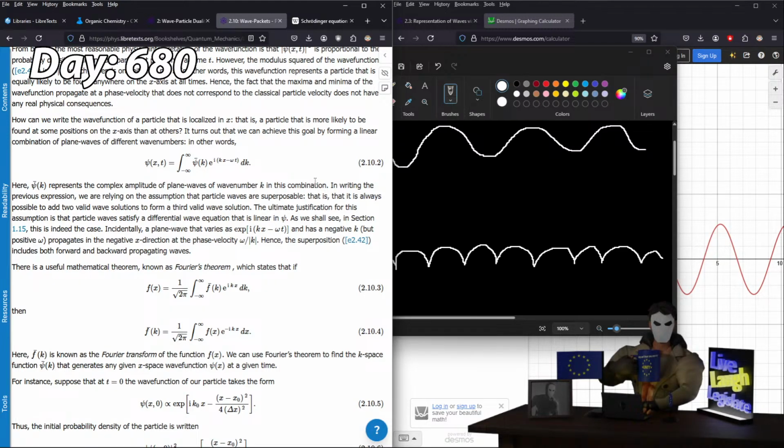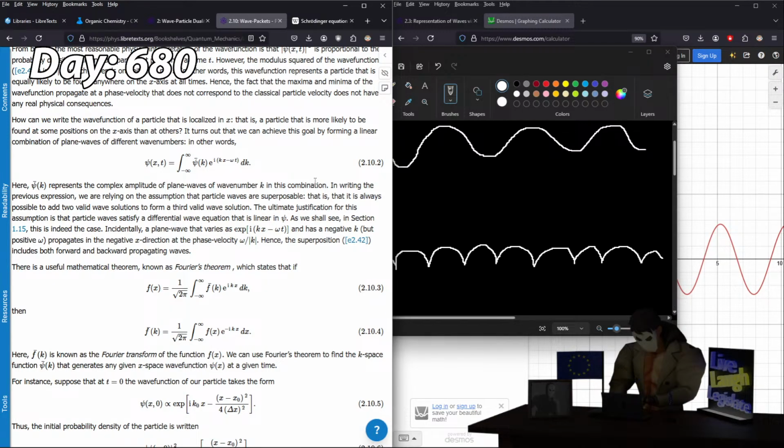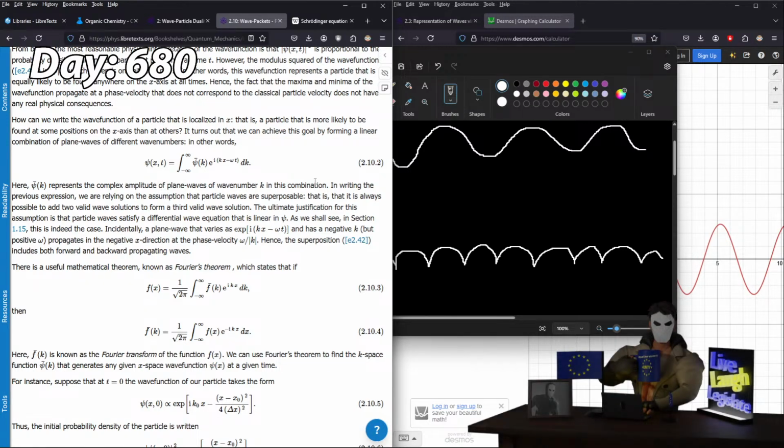What does this vector mean? It's a vector in the Hilbert space. It represents the state of a system.